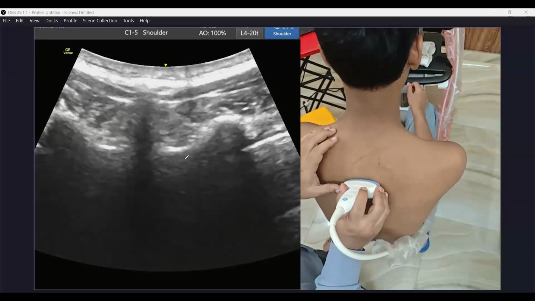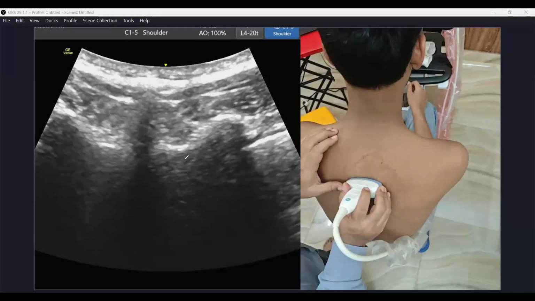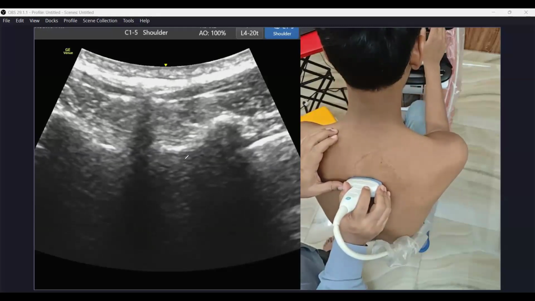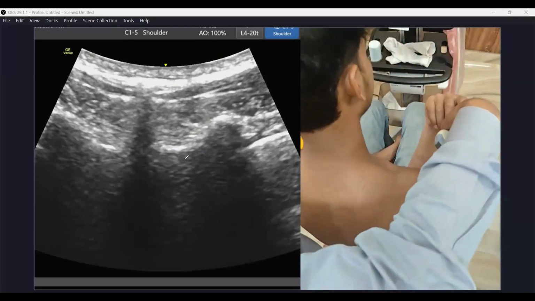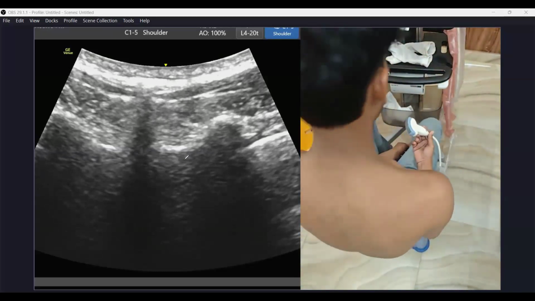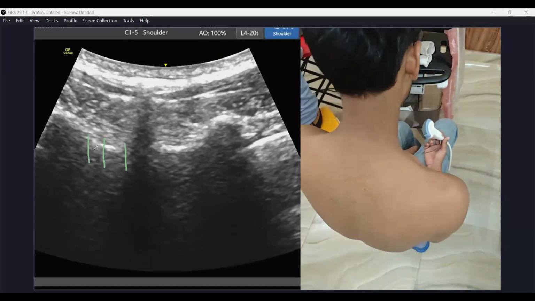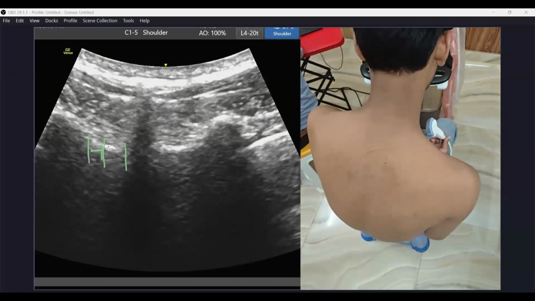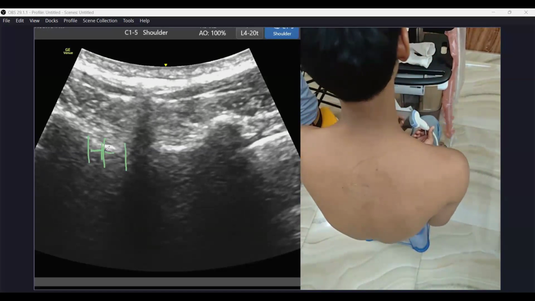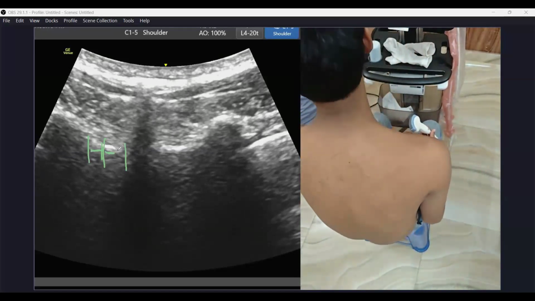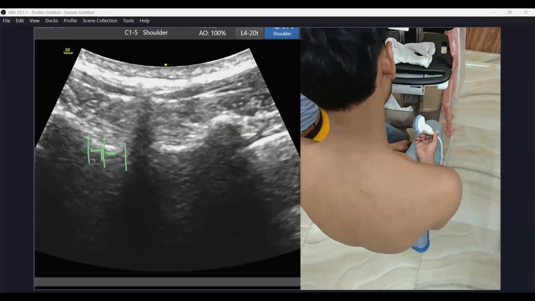So this is the transverse view. Here the lamina is only this part and the facet joint is this part. So suddenly your needle can come in this area also and you will be inside the spinal canal.